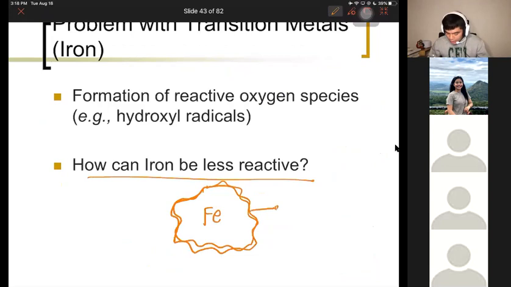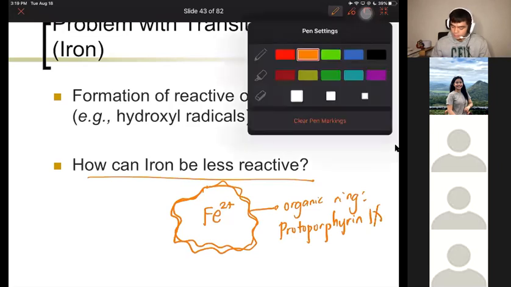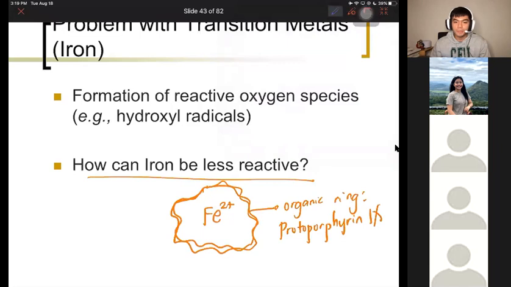Ang tawag natin sa organic ring structure that covers iron ay protoporphyrin 9. So para hindi maging reactive yung iron, kailangan itago siya using the organic ring called protoporphyrin 9.